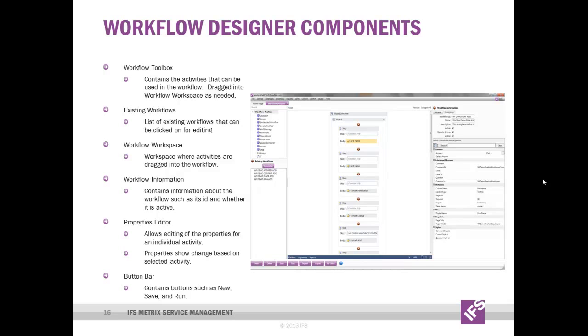The properties that are shown there change based upon the type of activity that you're looking at. In the screenshot I'm showing you, those are the properties for a question activity. And at the bottom of the screen, we have the button bar, and that contains new, save, run, stuff like that.